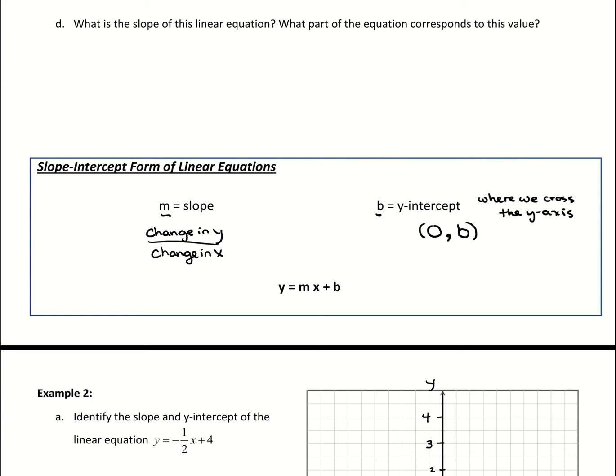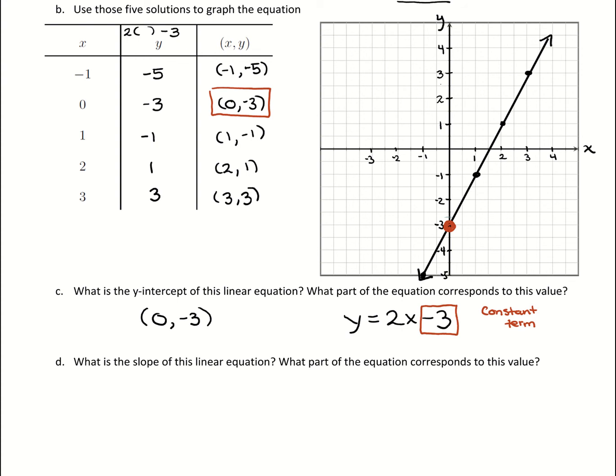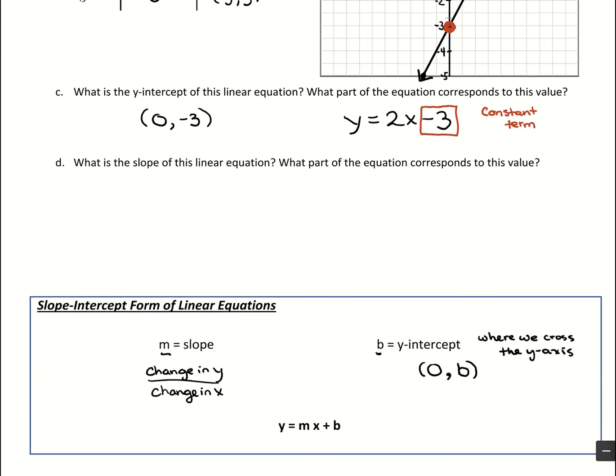So change in y, if we think about how y can change, y is our vertical axis. If we had to stick on that y-axis, all we could do is move up and down. So our change in y is going to be this movement up and down. If we're moving upward, our value is going to be positive. If we have to move downward, our value is going to be negative.